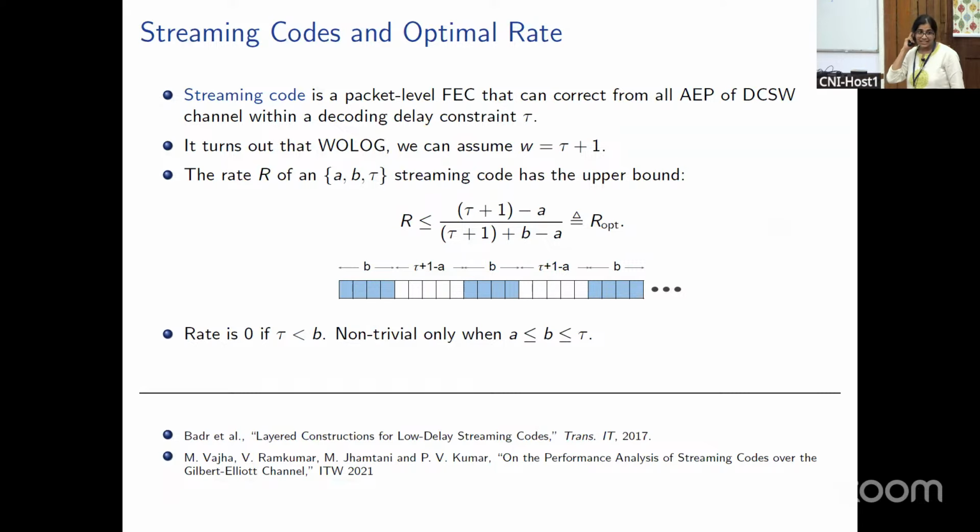If a is greater than b, you can already recover all the random erasures of size larger than the burst, so all your burst erasures are accounted for, and you can just construct a random erasure correcting code alone. And if a is equal to 1 and you have to consider some general b, just constructing for bursts is enough because that will give you single random erasure correction for free.